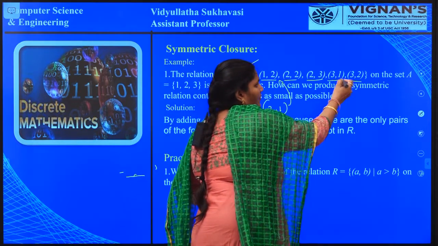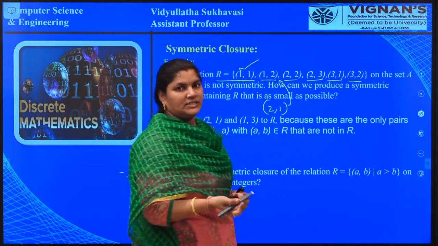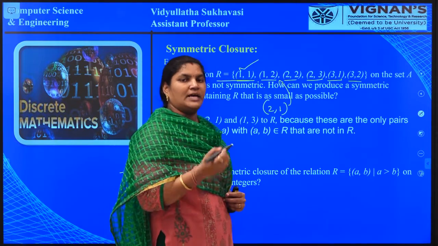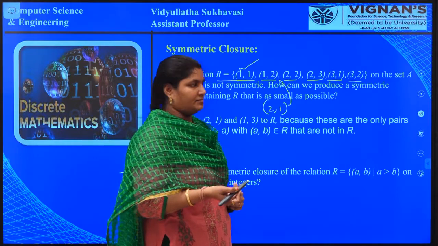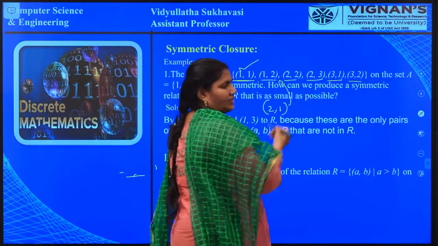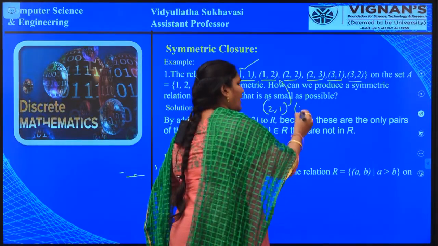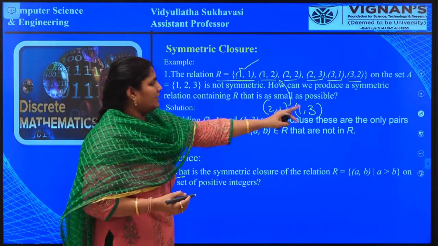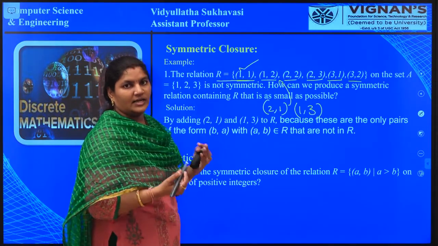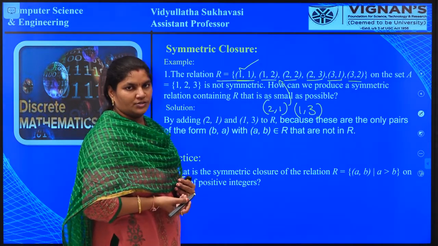Next 3 comma 1 is there. If you change that 3 comma 1 into B comma A form, that is 1 comma 3. It is not in the relation R, so we need to add 1 comma 3. So these two ordered pairs we need to add to the relation R, then it becomes symmetric closure.